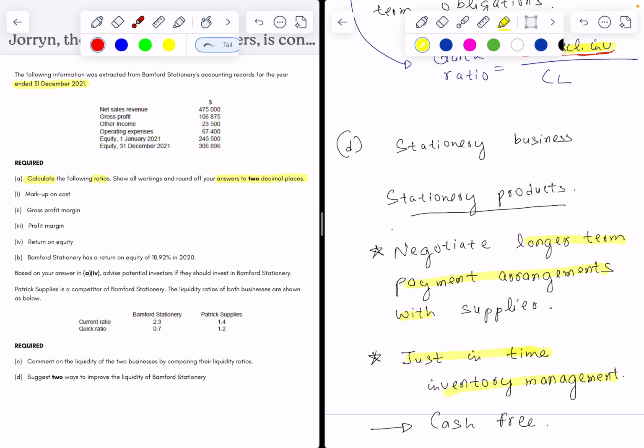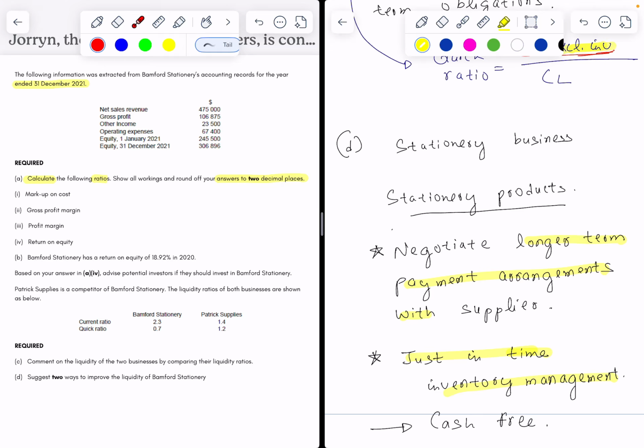So we are assuming Bamford and Patrick Supplies deal with the supply of stationery products, okay? So therefore, they deal with bulk products and bulk arrangements with their customers out there in the marketplace, such as distributing these products to small businesses out there in the economy. So therefore, Bamford could implement just-in-time inventory management, which does not have cash tied up in your inventory, but rather you have freed up cash.